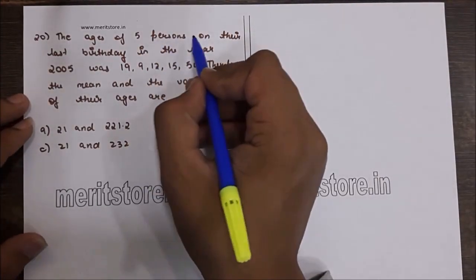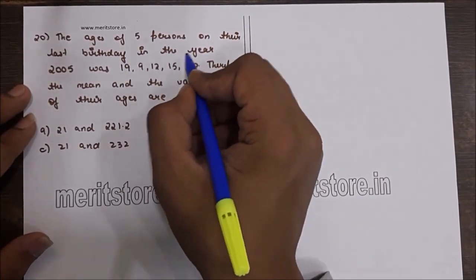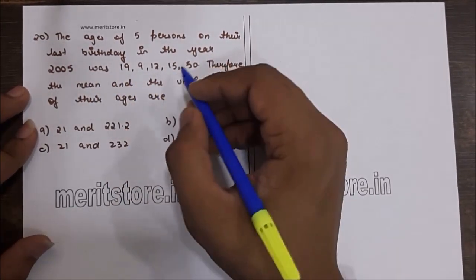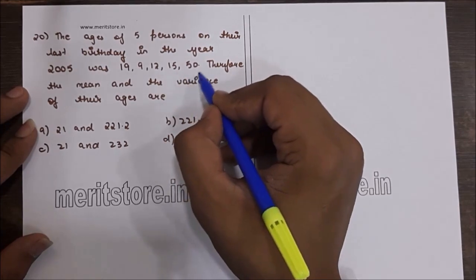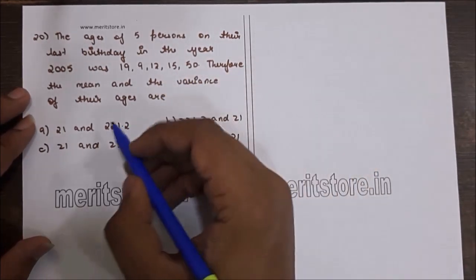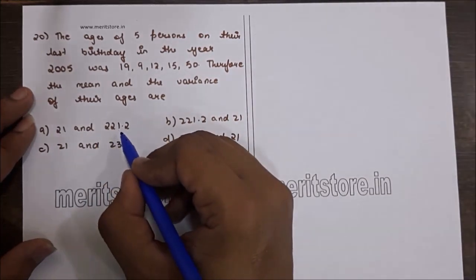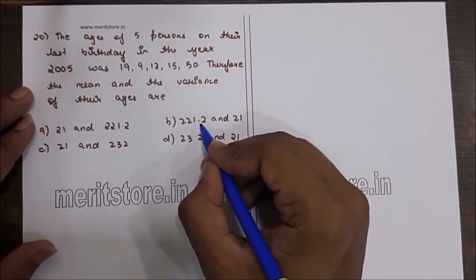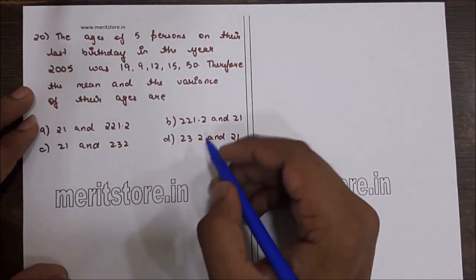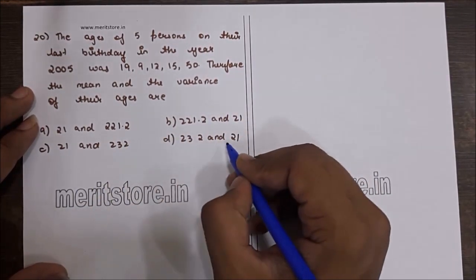The ages of 5 persons on their last birthday in the year 2005 was 19, 9, 12, 15, 50. Therefore, the mean and the variance of the ages are option A 21 and 221.2, option B 221.2 and 221, option C 21 and 232, option D 232 and 21.